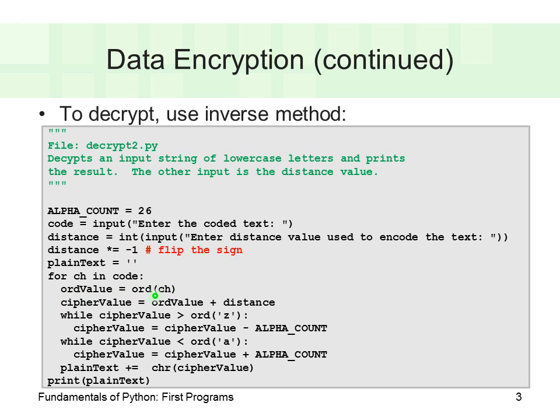We're going to get the numeric value of the character. That'll be our ordinal value. Our cipher value will be the ordinal value plus the distance. Remember, we've already flipped the sign, so we're going to do it in the right direction, which is the opposite of what we did before.